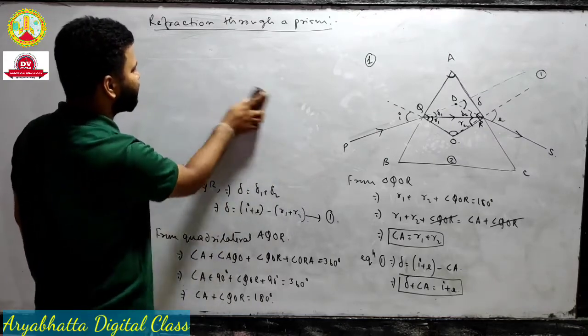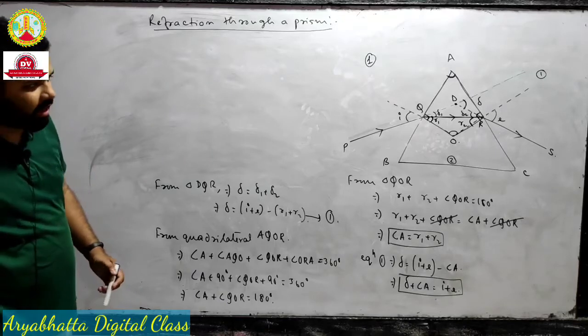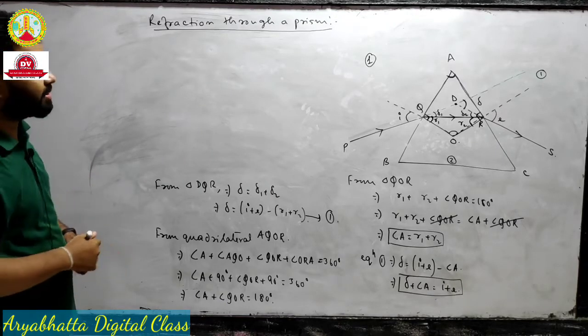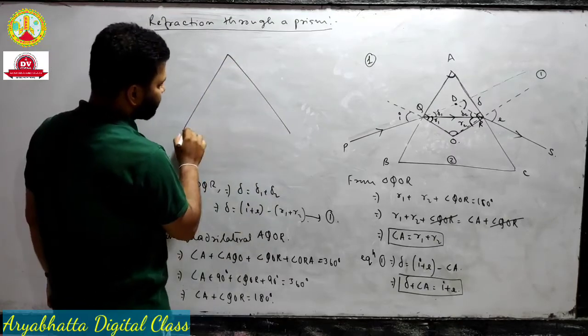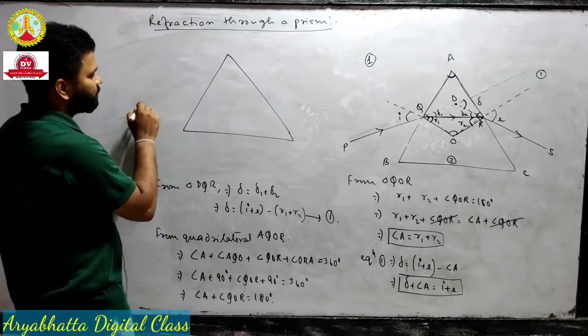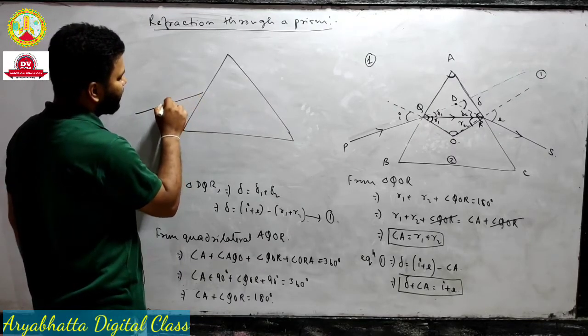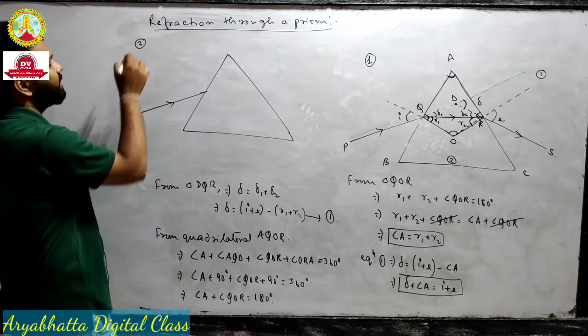So you can write this point. Then what type of diagram will it be? Look. I will draw a simple diagram, with the prism here. This is the incident ray, same as the previous one, but this time this medium is denser.